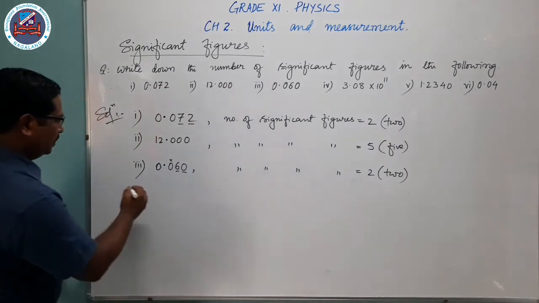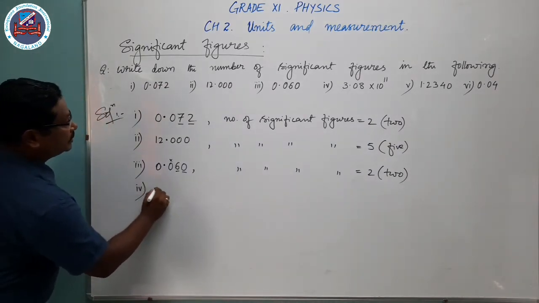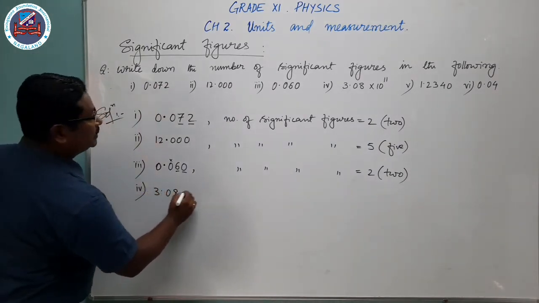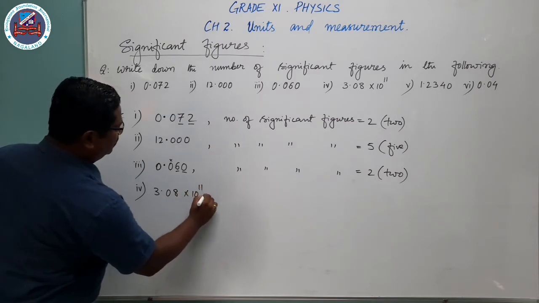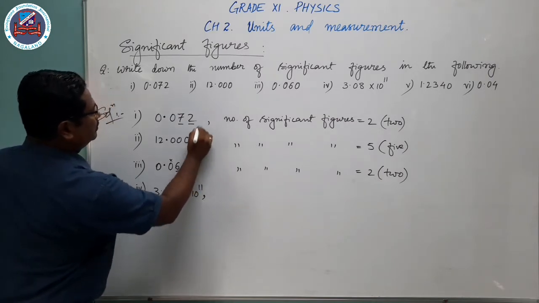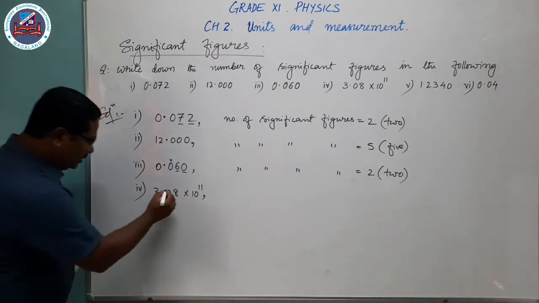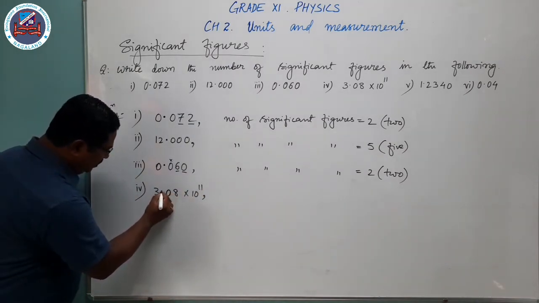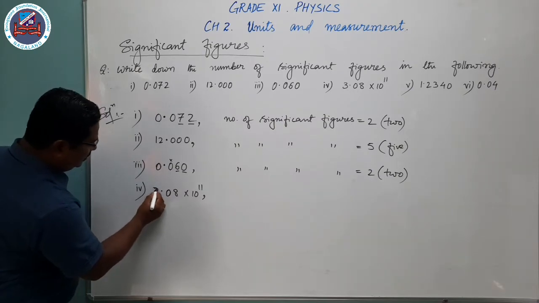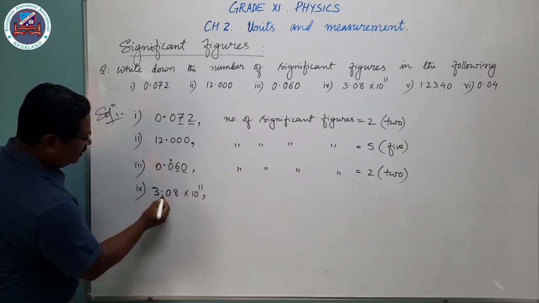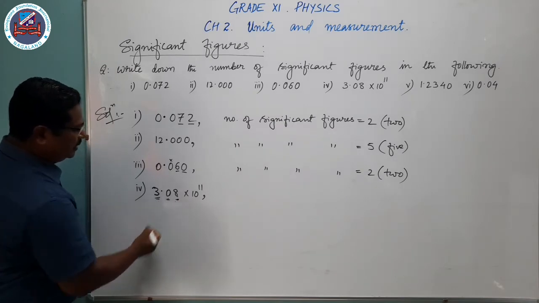Then comes the fourth one, 3.08 times 10 to the power 11. In this case, this 0 is right after the decimal, but the number is not less than 1. It is starting from 3. So this 0 comes in between two numbers, so all the numbers are significant.